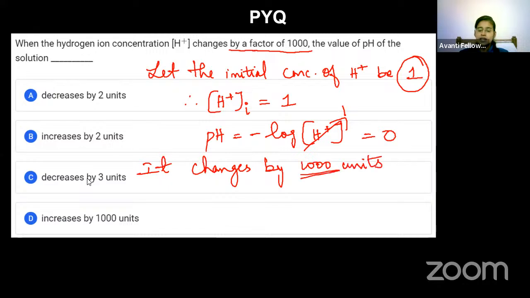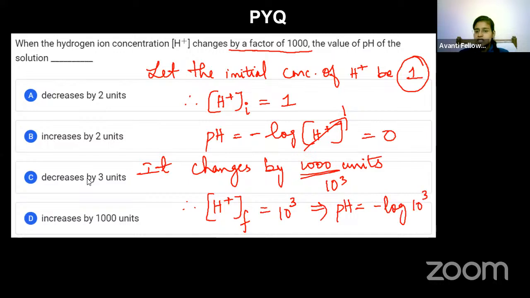Therefore, the final concentration of H plus is equal to 10 to the power 3. If you substitute in the pH formula, what will you get? pH is equal to minus log of 10 to the power 3. The answer will be minus 3.